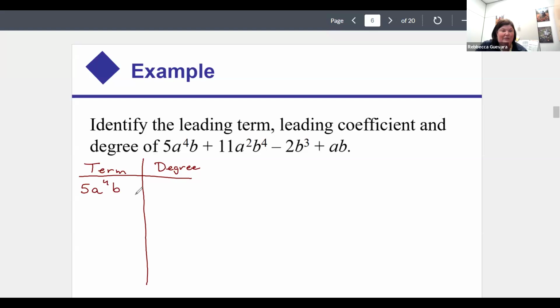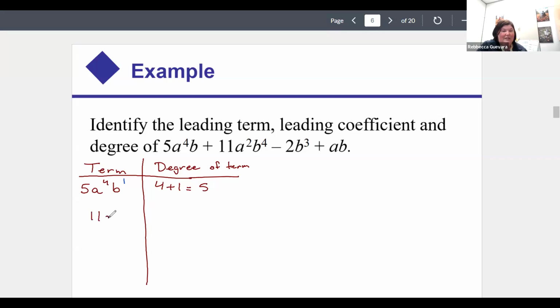Once again, that b has that invisible 1 there. So the degree of this term is going to be the 4 plus the 1. So 5 a to the fourth times b is just going to be a degree of 5 because that's the sum of my exponents.